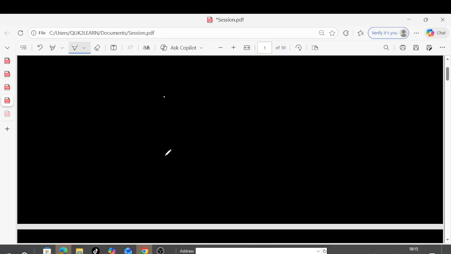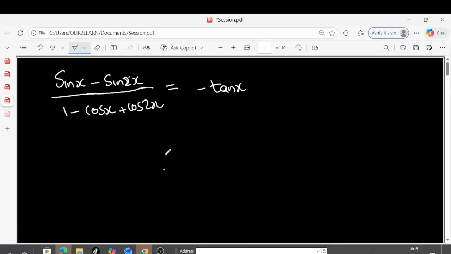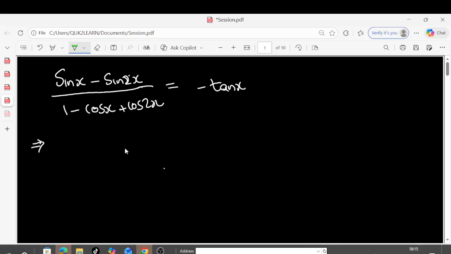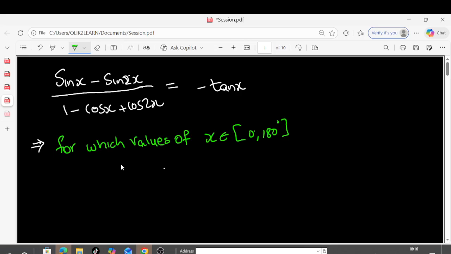Look at the question. When they ask for the general solution, they'll say: for which values of x, an element of 0 to 180 degrees, is the identity not valid.